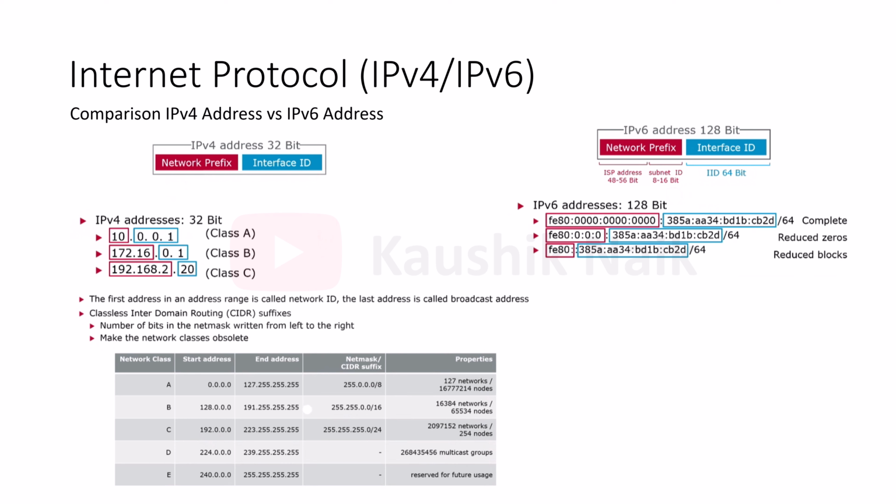Network prefix determines how many networks it can have, and interface ID determines how many hosts it can contain within that particular network. For example, for a Class A network, the network prefix is 8 bits long, which means it can have a maximum of 127 networks. But as it has 24 bits of interface ID, it can have 16 million hosts for each network.